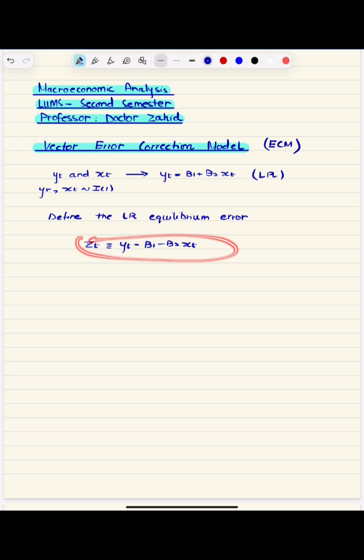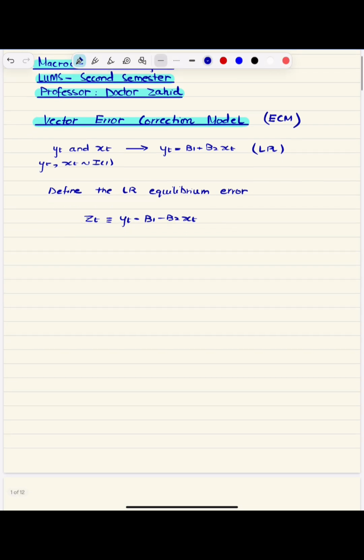So when we do the augmented Dickey-Fuller test, we assume that the variables under consideration follow a univariate autoregressive process. So what we assume is that zt equals rho zt minus 1 plus ut, and therefore change in zt is rho minus 1 zt minus 1 plus ut.